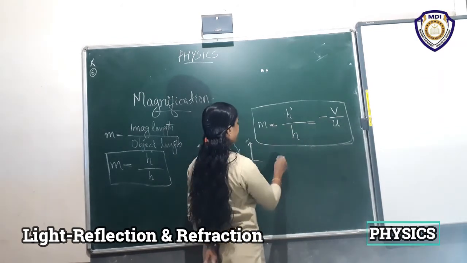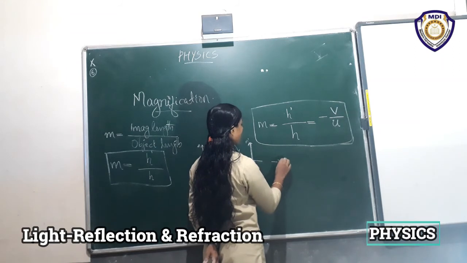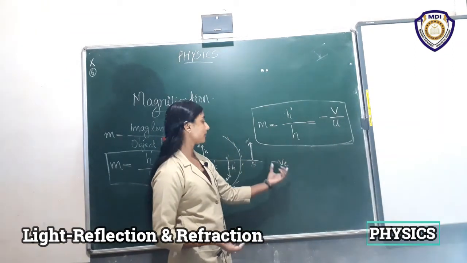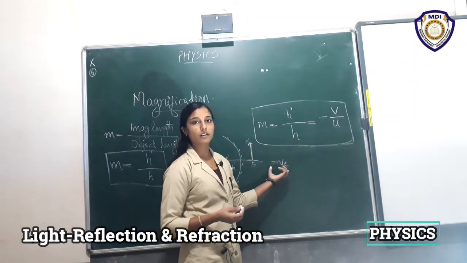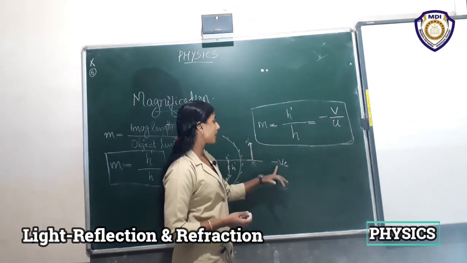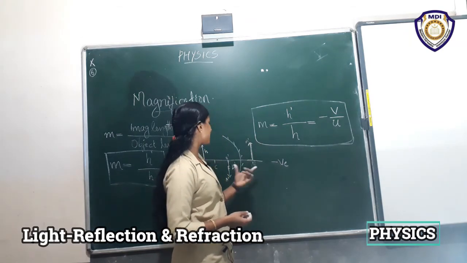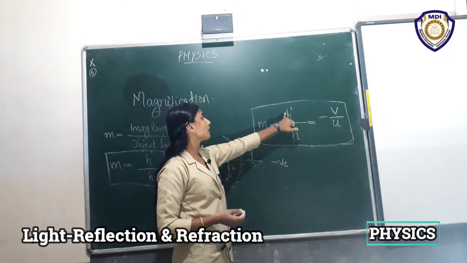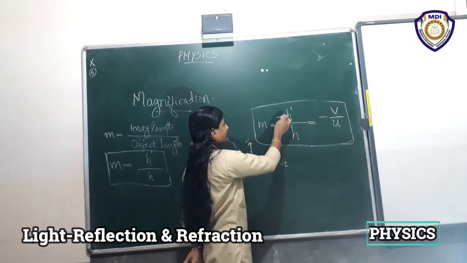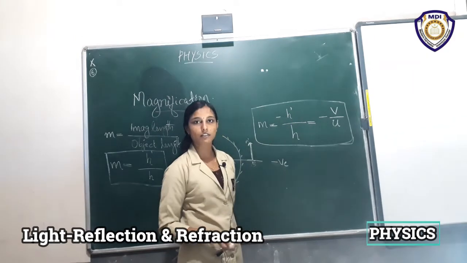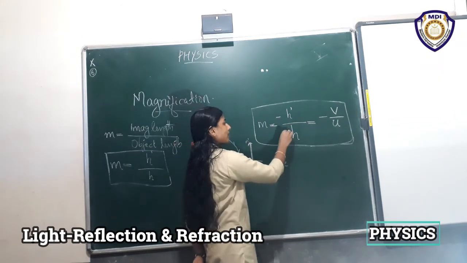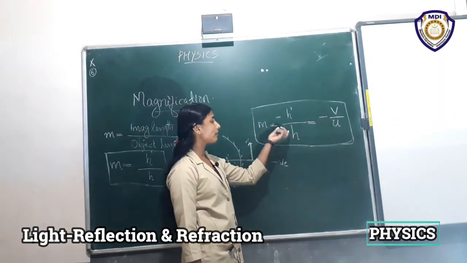If the image is real, the image height is negative, and the object height is always positive.